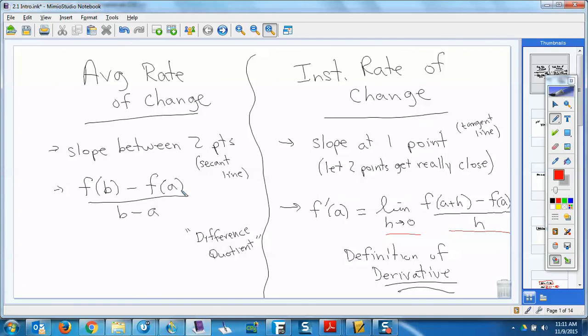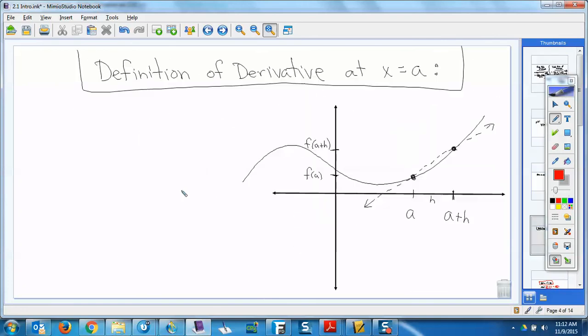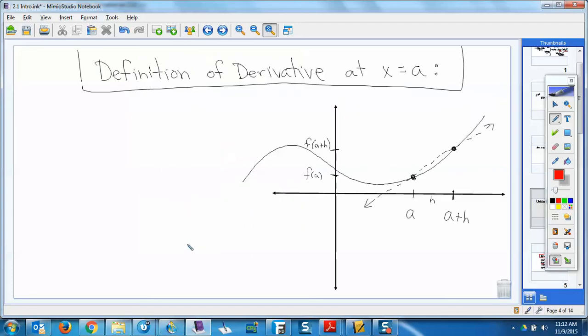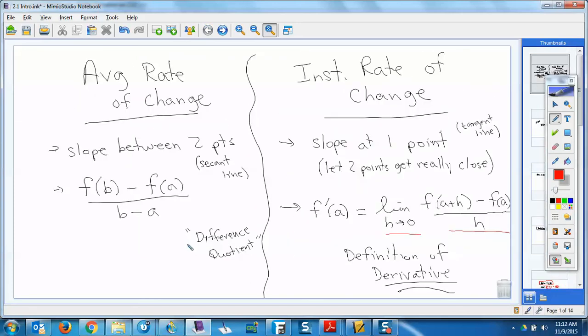So we might want to be able to do that. And what's f of 2 plus h? You might not remember it, but in one of the appendix problems, way back in the first couple days, we had some problems like this. It also looks like we're going to have function notation with a something plus h inside of it, and we're going to have to do something with that.